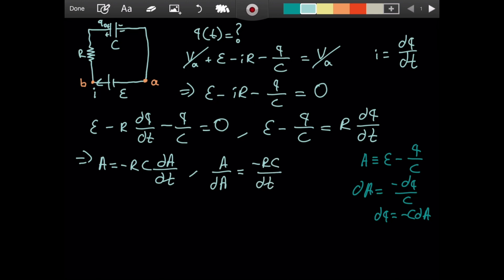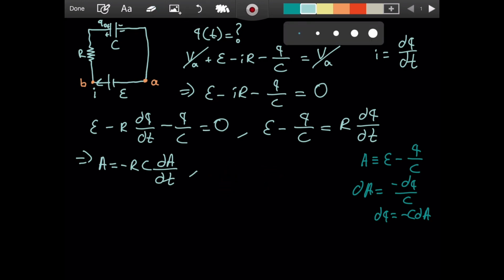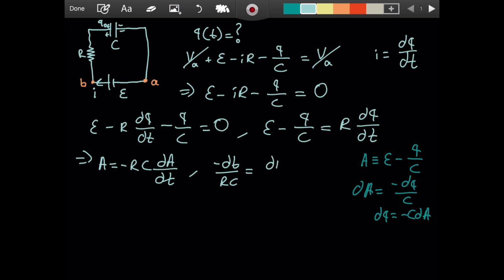If you just move them, yes, they're on the same side, but how can we integrate this? We can't do that. So we need to divide by A, not dA. I am also going to multiply by dt and divide by negative rc. If this step is quick for you, please pause and try it on your own, but you're going to get negative dt over rc equaling dA by A.